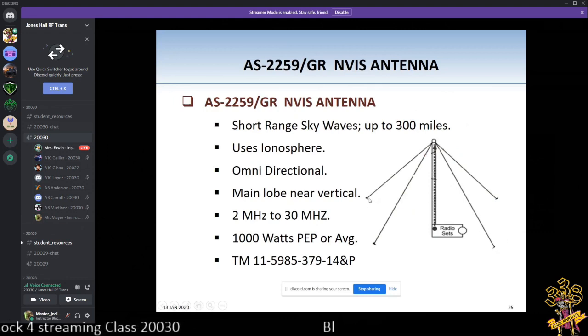The ends are brought down to the ground, making it basically an inverted V antenna. And you have another one right here. It goes up, it goes down. So you have two crossed dipole antennas, they cross right up here.